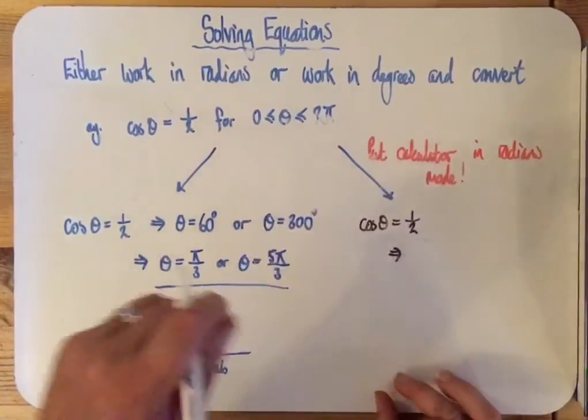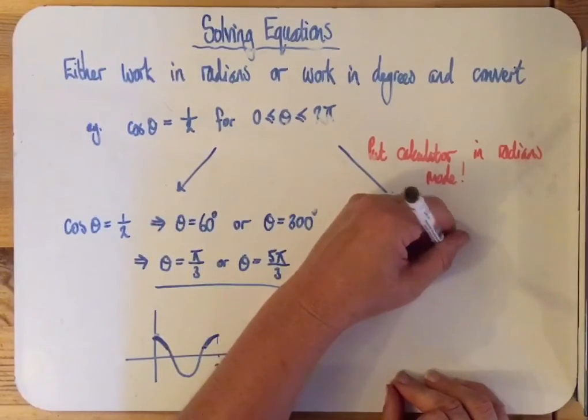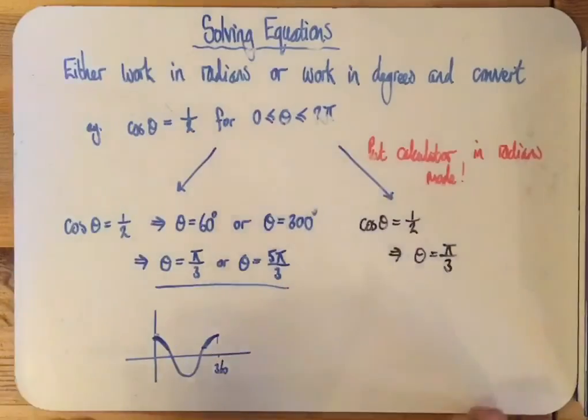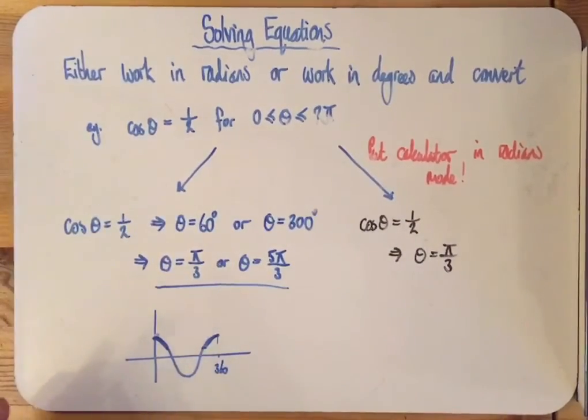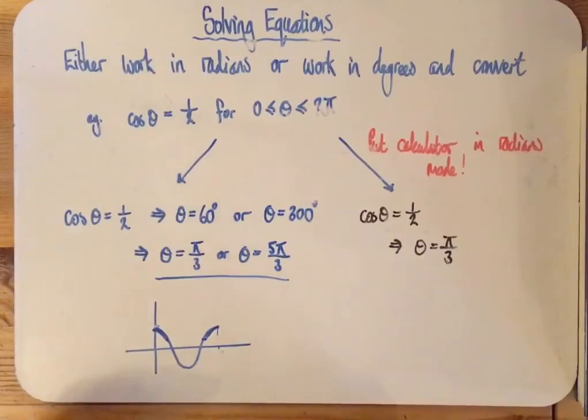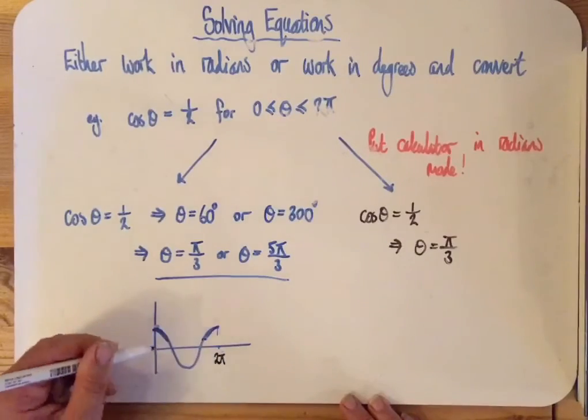So you do shift cos a half, and your calculator will give you pi by 3 as an answer in radians. If it doesn't give you a fraction, let me know and I'll try and work out what you need to do in your calculator to get a fraction, but you should get a fraction pi by 3. And then you work in radians. So if I go back to my sketch here, that's 2 pi radians.